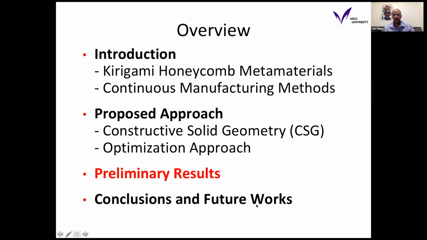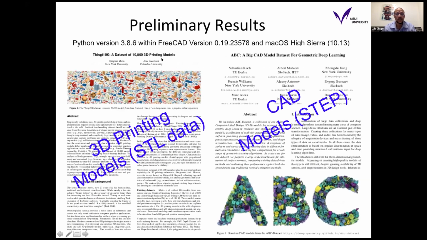So in order to show some preliminary results, in this case we tested the algorithm with 2 big data sets. We have the single data set on the left, which has a paper.